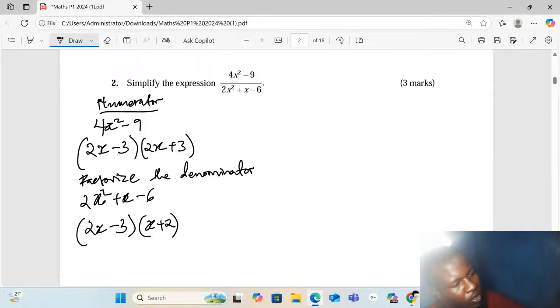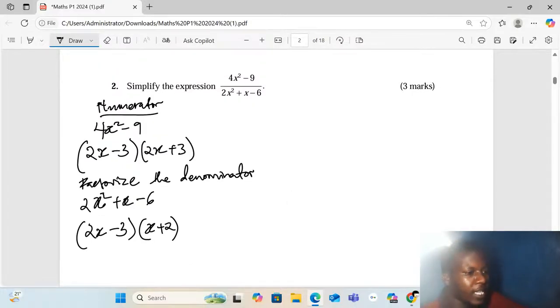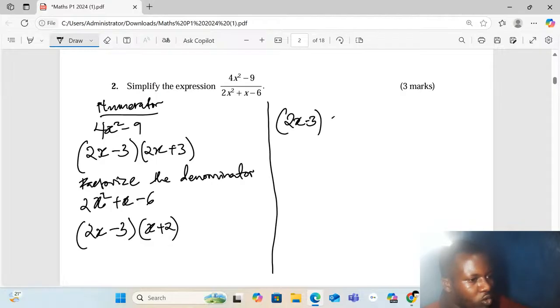Now you arrange your numerator and denominator in that order. So we have 2x minus 3, then 2x plus 3, divided by the denominator, which is 2x minus 3, then x plus 2.